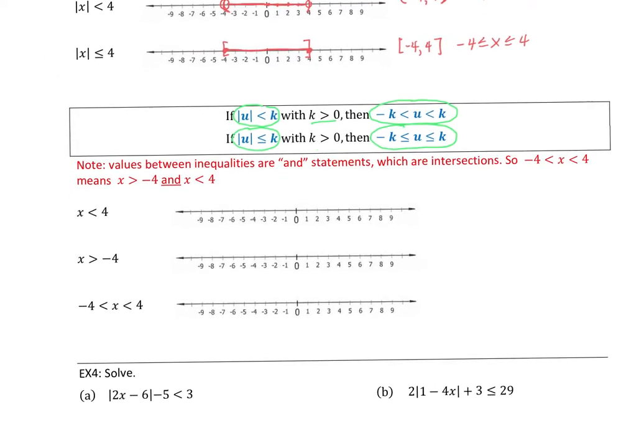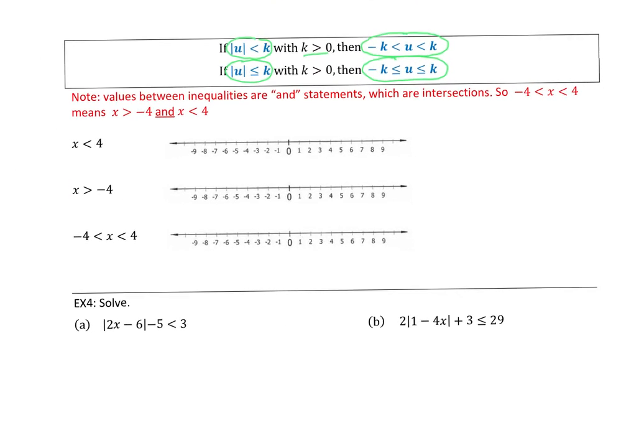Now, there is a caution I would like to bring up now because it'll come up later as well. When you talk about values, in this case I'm looking at that u, this is a compound inequality. When you talk about values between inequalities, this is an and statement, which means it's an intersection.